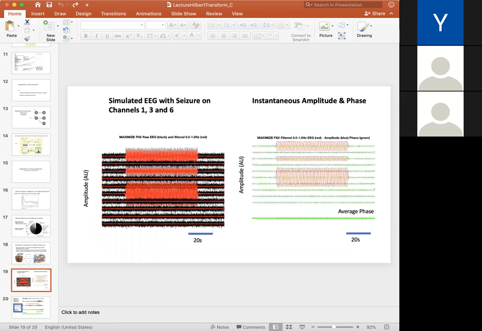What you typically try to do when you try to find an analysis technique is that you first simulate a case that is relatively ideal, and you see if your technique works. That's a generic approach that I can recommend to all of you: if you come up with an idea to analyze your data, don't immediately jump into it.